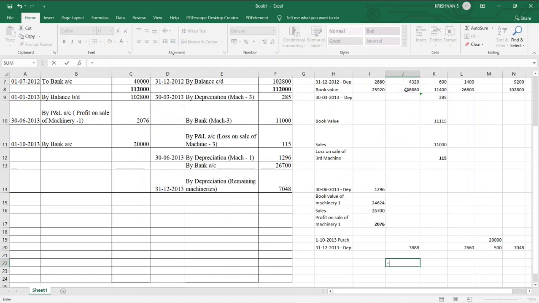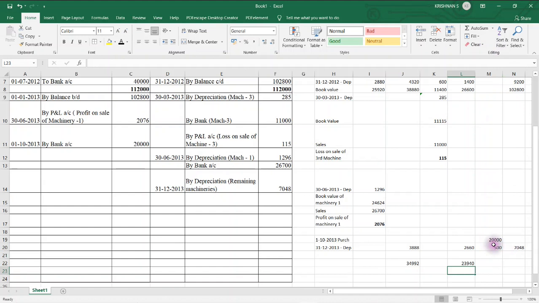So how to calculate that? Book value at the beginning of the year is 38,880 minus current year's depreciation 3,888. So here we get the book value of machinery 2. Here we have 26,600 minus current year's depreciation 2,660, so book value is rupees 23,940.